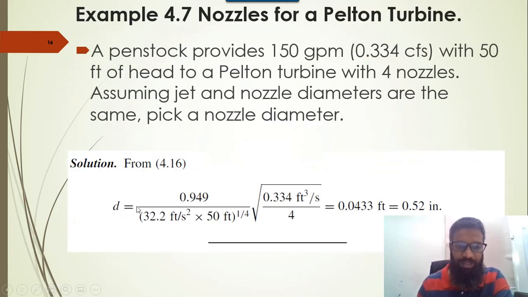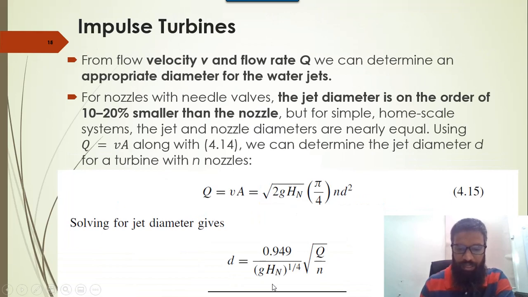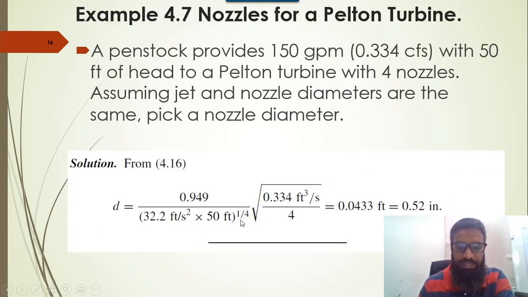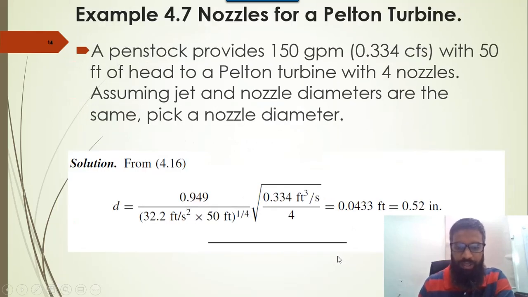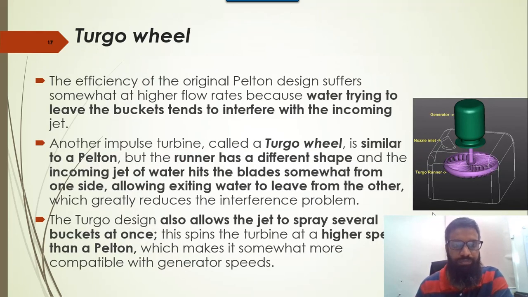The diameter is equal to 0.949 times the value 32.2, which is g, and then we use H, which is 50 feet, as shown in the statement, and then the value of Q, the flow rate, 0.334 CFS divided by 4, and the overall result is 0.52 inch. That is the diameter of the nozzle.